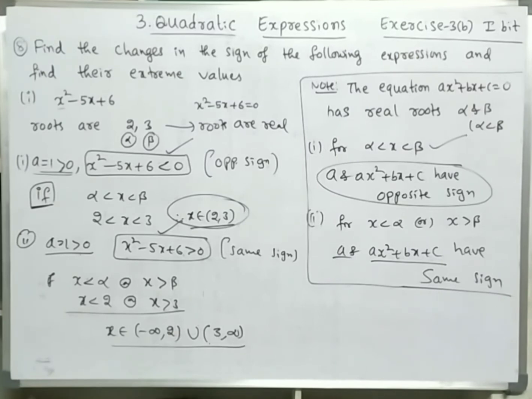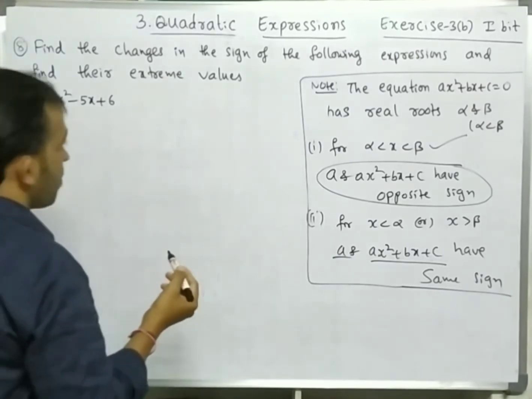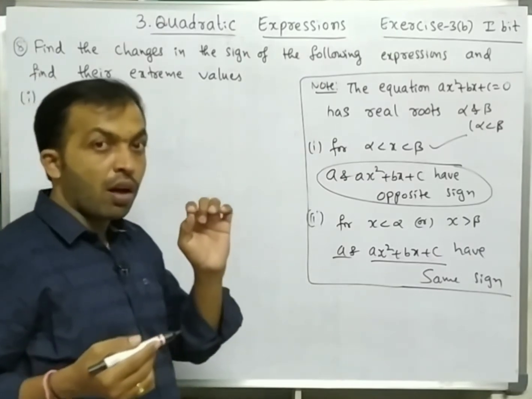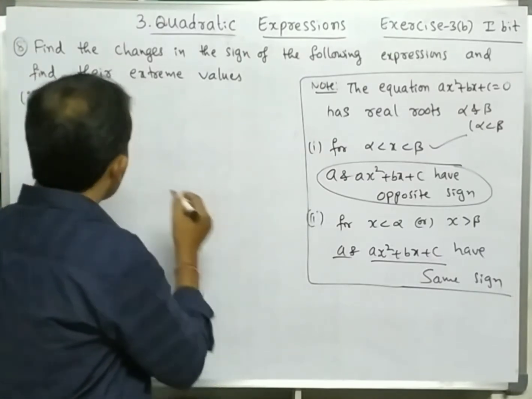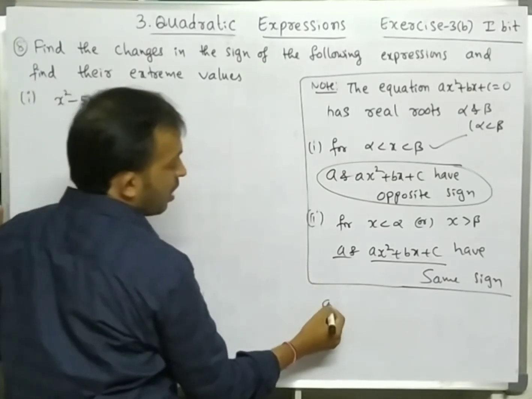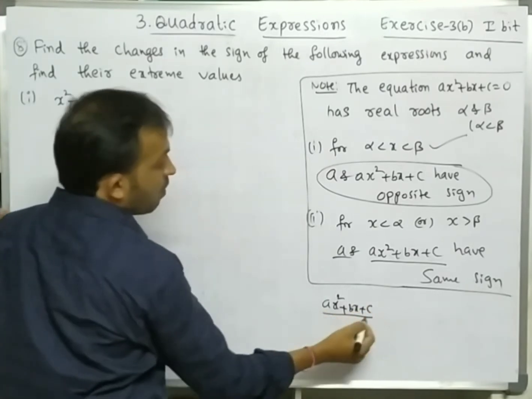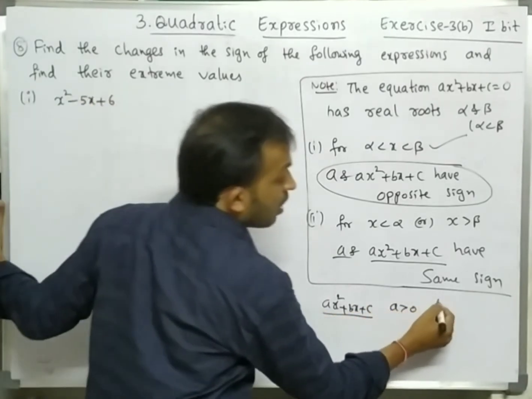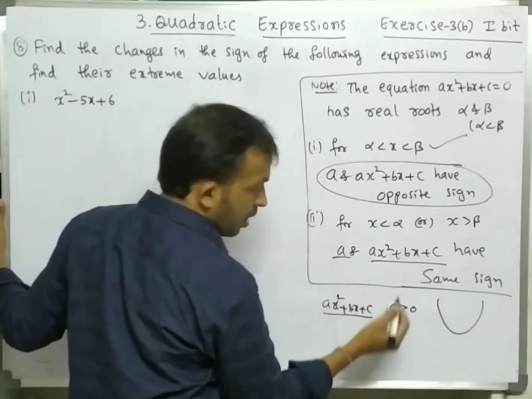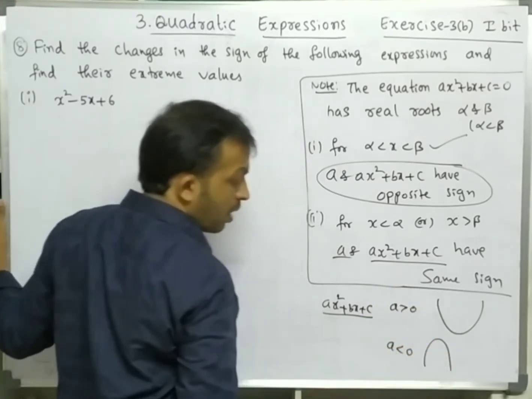Now we have to find the extreme value. Extreme means maximum or minimum. Already I explained that in ax square plus bx plus c, if a is positive, the parabola opens upward. If a is negative, the parabola opens downward.